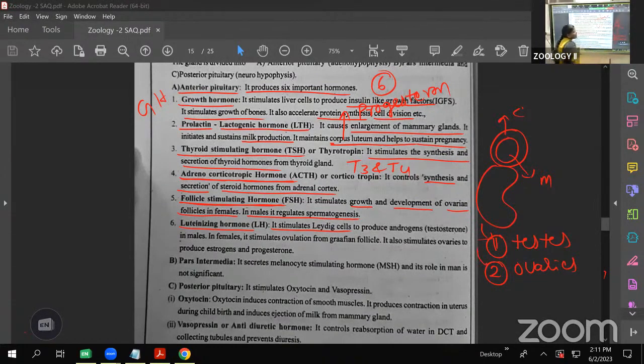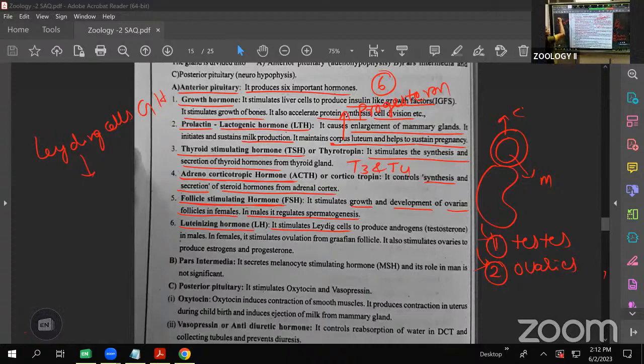But the hormones inside are secreted by this luteinizing hormone. In the male, between the seminiferous tubules, the interstitial cells are present, and these interstitial cells contain the Leydig cells.